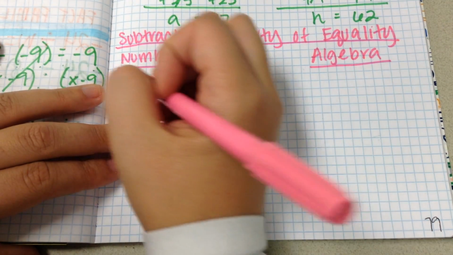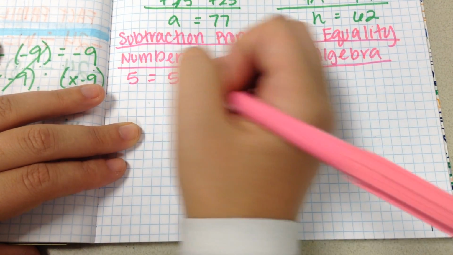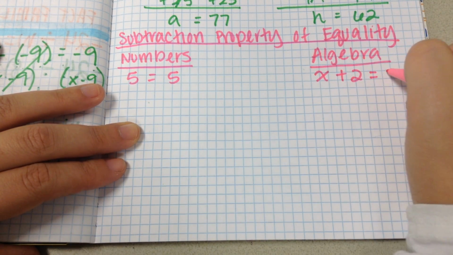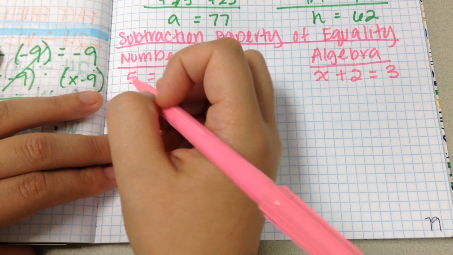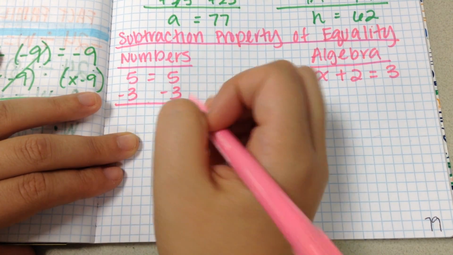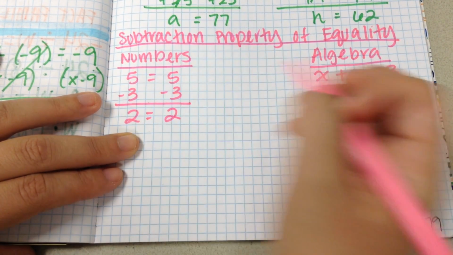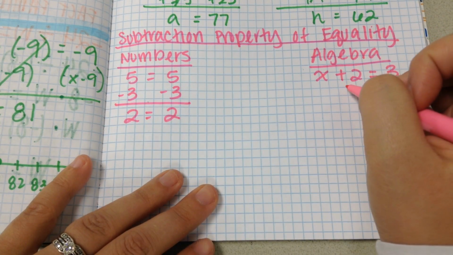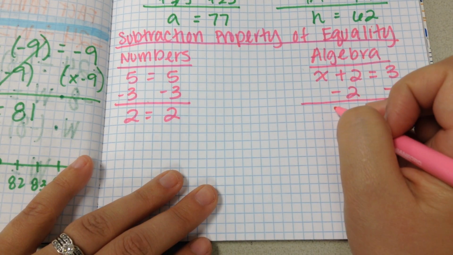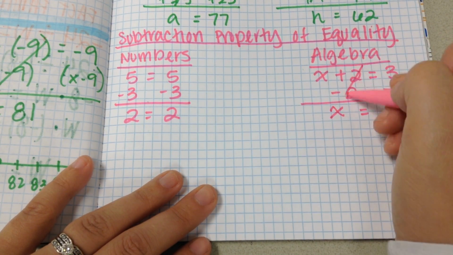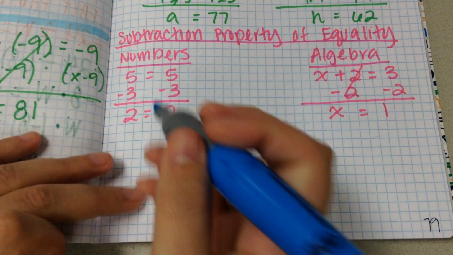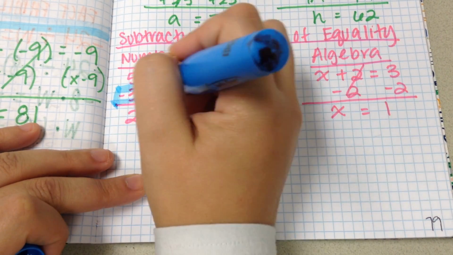So over here, again, we're going to start with 5 equals 5, and this time we're going to have x plus 2 equals 3. So if I subtract 3, I still get 2 is equal to 2. Here, if I subtract 2, x is equal to, this is going to cancel, we get 1. Okay. So again, these two have to be the same.